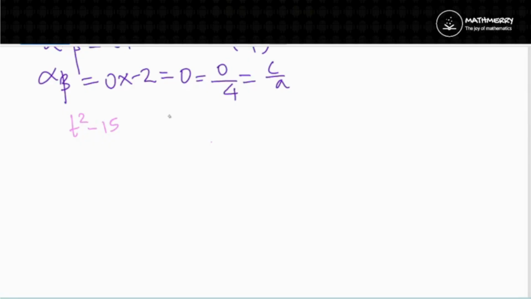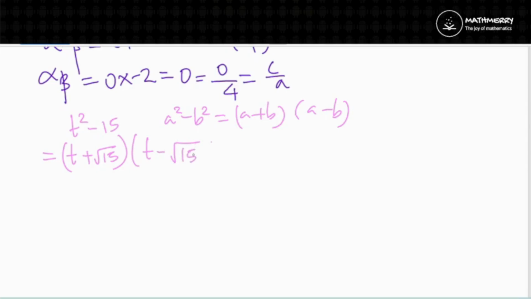It's like a square minus b square, which is equal to a plus b into a minus b. So we can use this here. So t square minus 15 will be equal to t plus root 15 into t minus root 15.